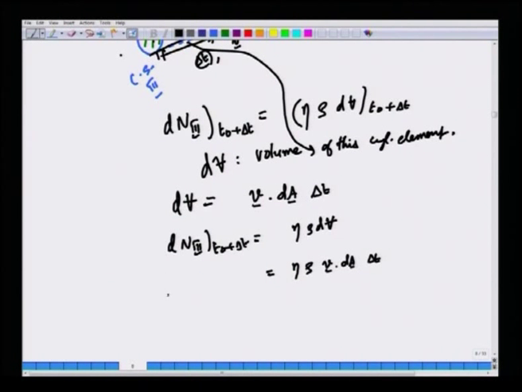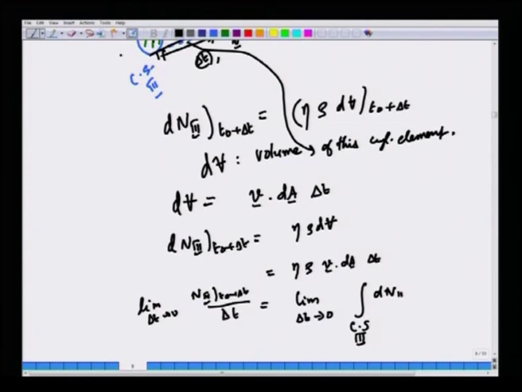If you want it for the entire region, we can integrate. So, the limit as delta t tends to 0 of n3 divided by delta t is nothing but the limit as delta t goes to 0 of the integral over the entire control surface 3 of dN3 at t0 plus delta t, times 1 over delta t.